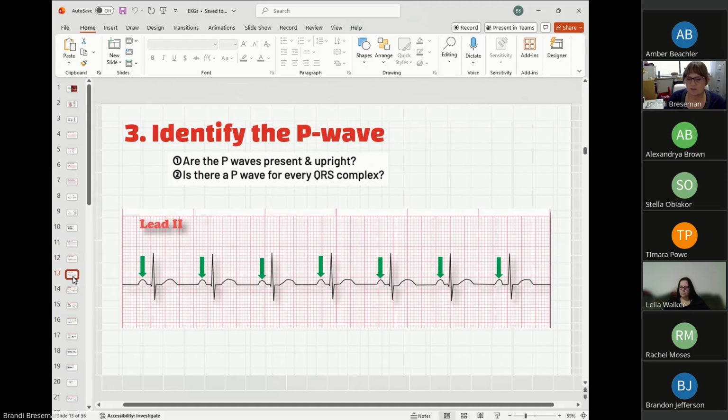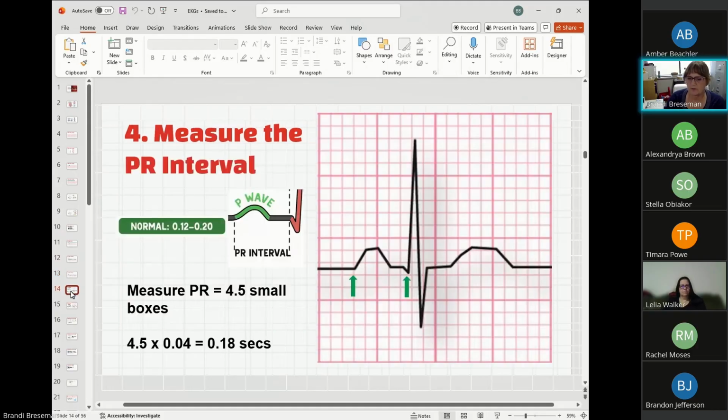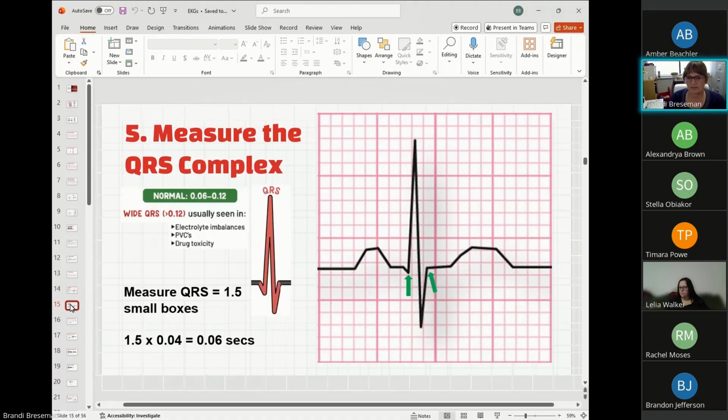Then we measured our PR interval at 0.18 seconds, which is within normal. Then we measured our QRS complex, which is within normal at 0.06 seconds. All right, so far, everything we've done with this rhythm has been within normal limits.